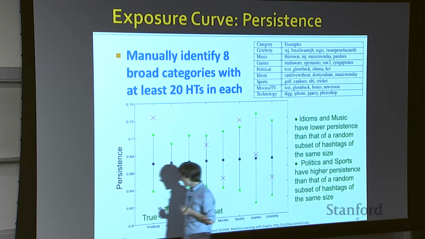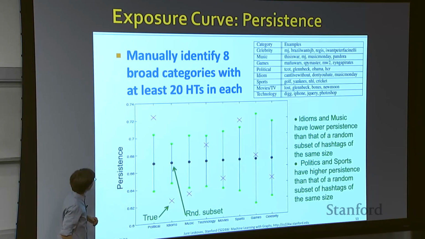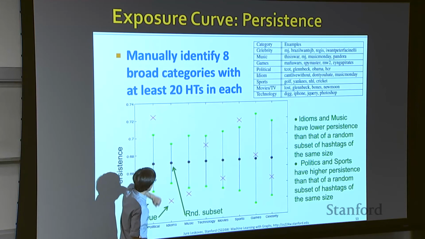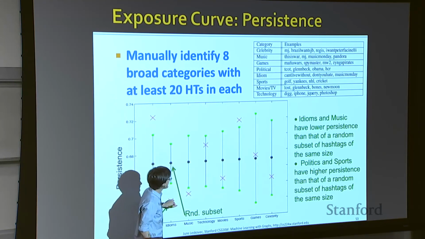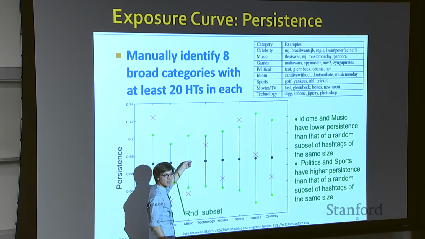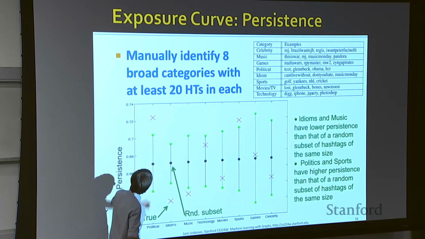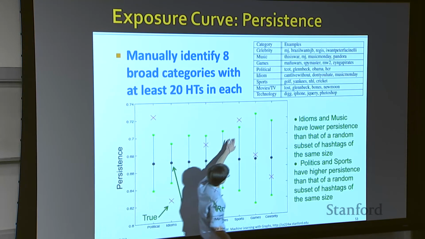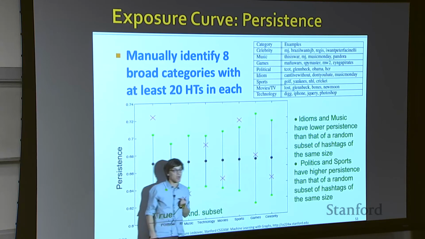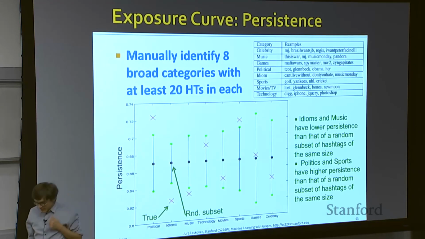And what they, for example, find is the following: they find that idioms and music are less persistent than, let's say, a random set or an average hashtag. And they find that politics and sports are more persistent than random hashtags, right? What does this mean?